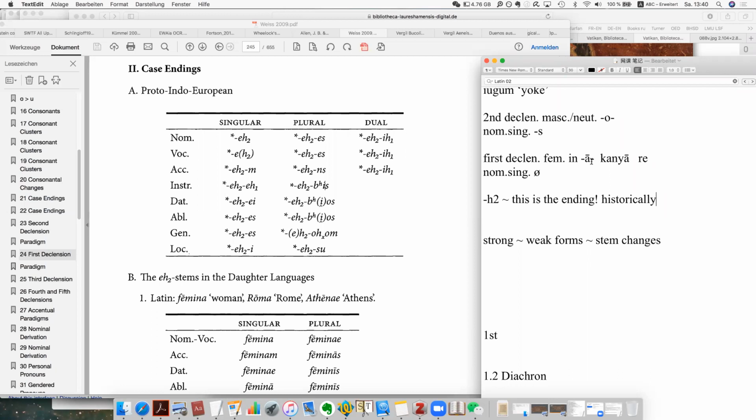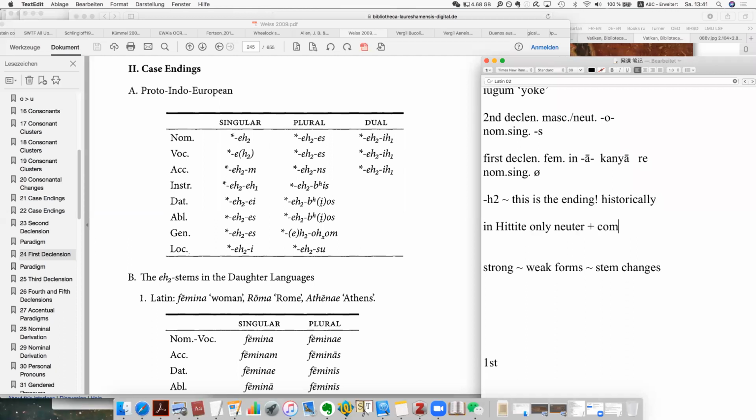And I already mentioned several times that in Hittite, there are only two categories: neuter and common gender, right? Common gender means masculine plus feminine.